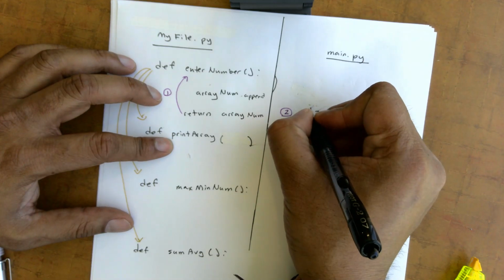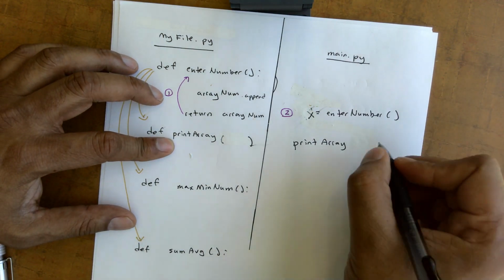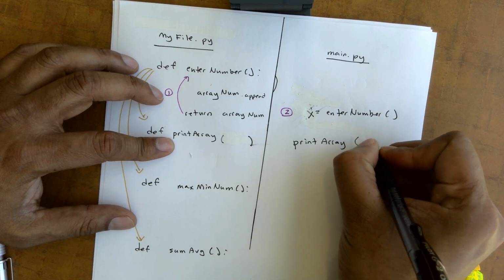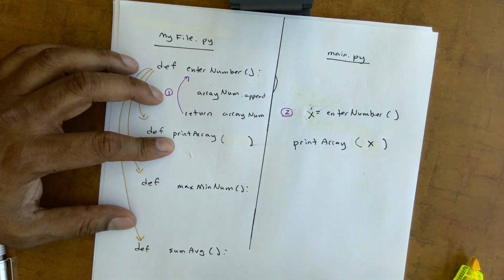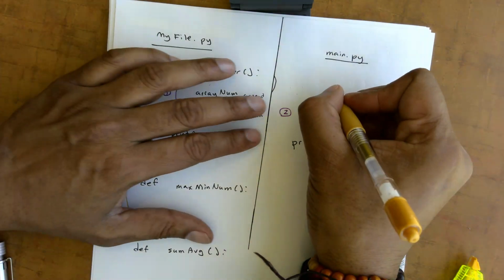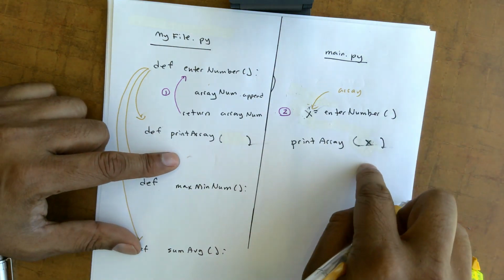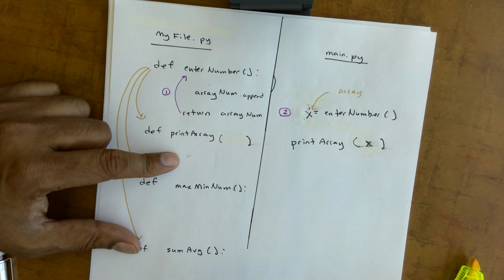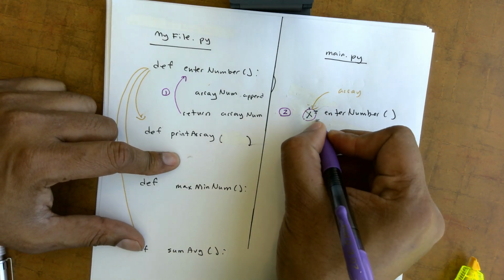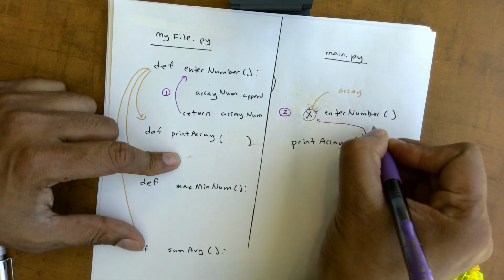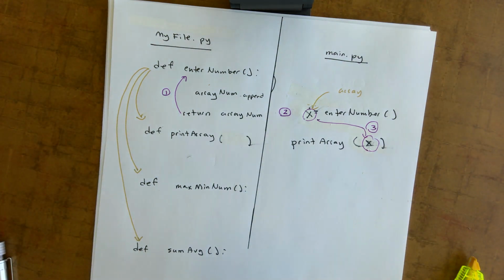So this x value here, right, is going to be what? This x value here. So you're going to transition this array. This is an array, and you're going to transition this to here. So this is step 3. Okay. Sorry for the mess.